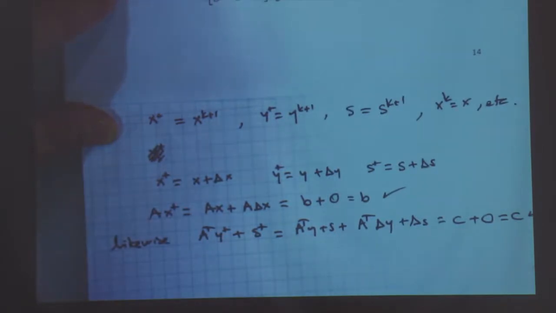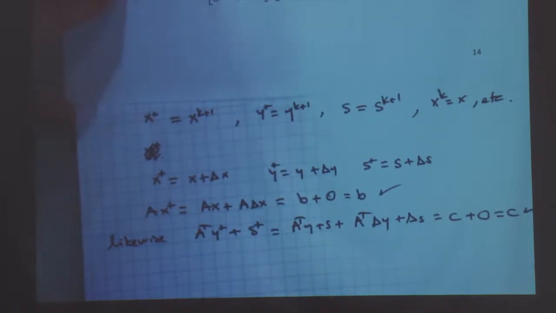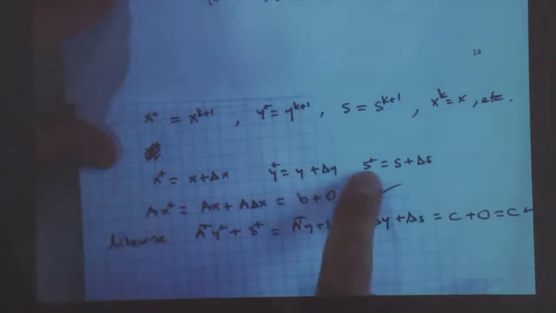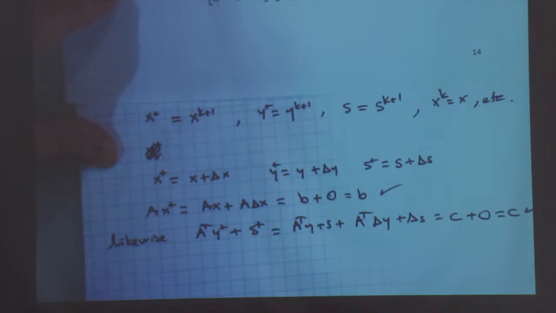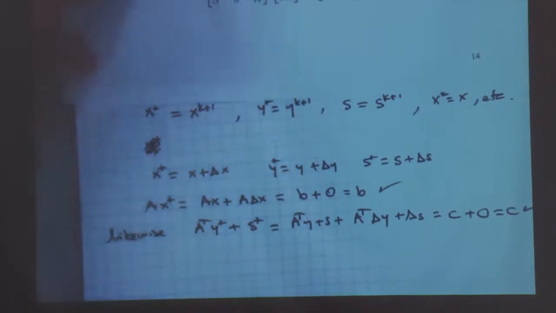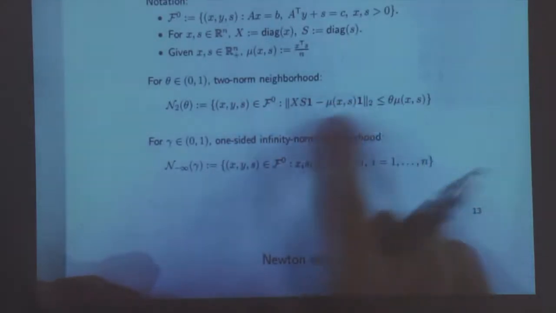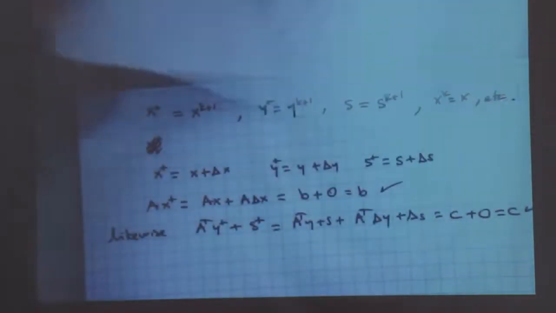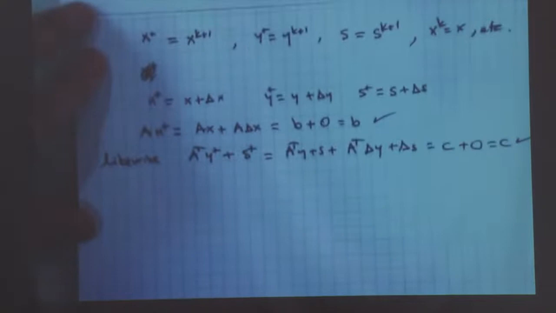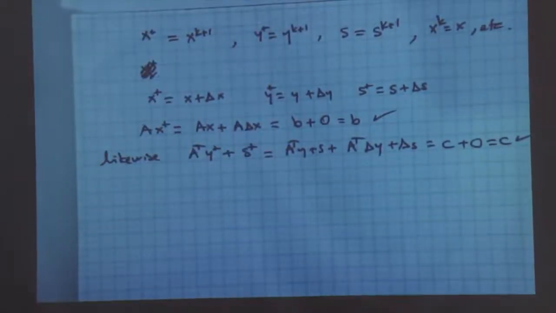Now the difficult part is to show that x plus and s plus are positive, and to show that this inequality holds for the new point. So let me tell you one part of how this follows.